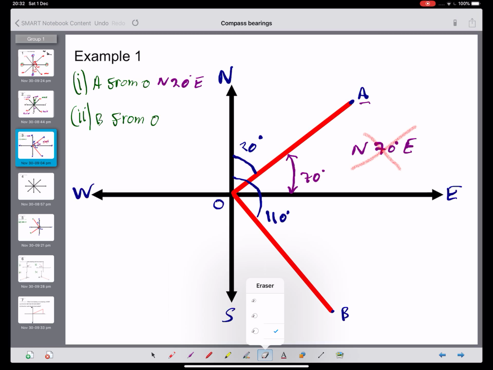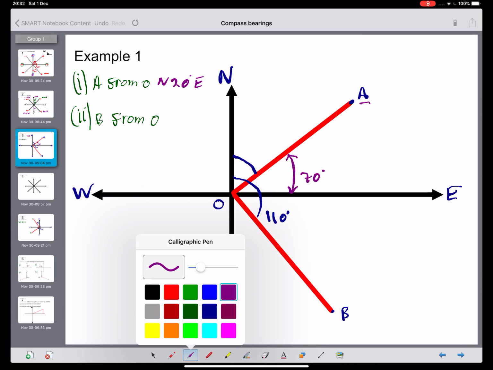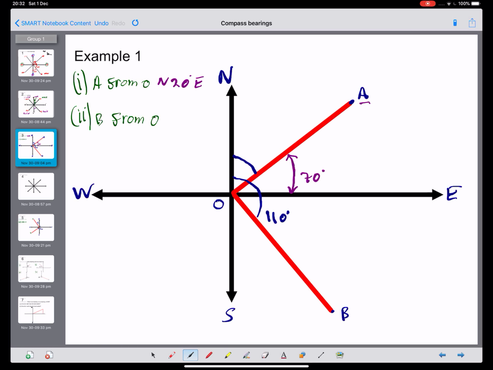So if we were just given 70 degrees, we would have to subtract that from 90, because if you remember, there's 90 degrees in each quadrant. Four quadrants make 360 degrees. So we can write this in. It's north 20 east.